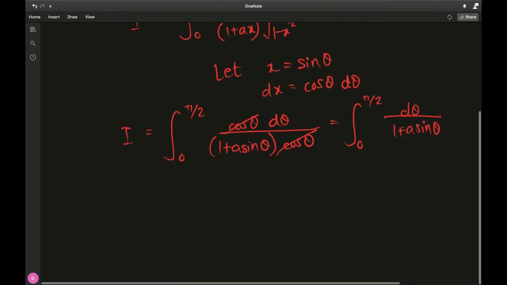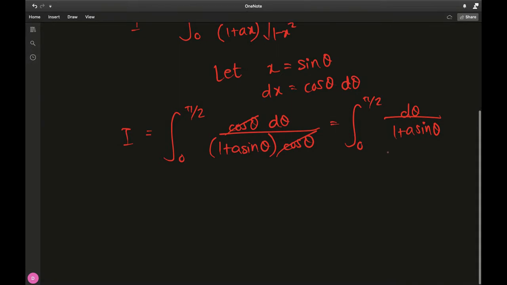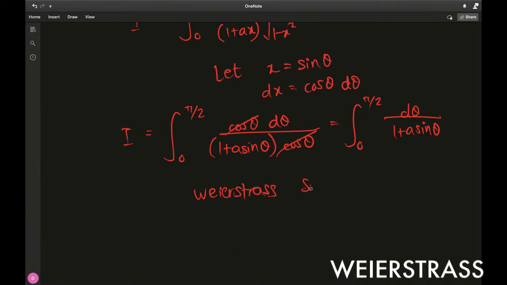And noticing sines or trigonometric terms in the denominator having power 1, now would be a good time to implement the Weierstrass substitution.